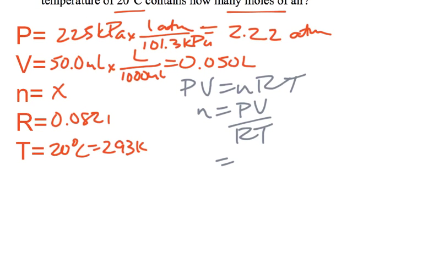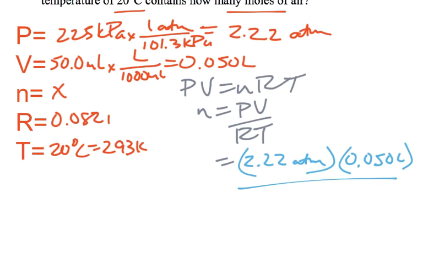And when I do that, I get a pressure of 2.22 atmospheres times 0.050 liters divided by RT, 0.0821 liter atmospheres per mole Kelvin, and 293 Kelvin.